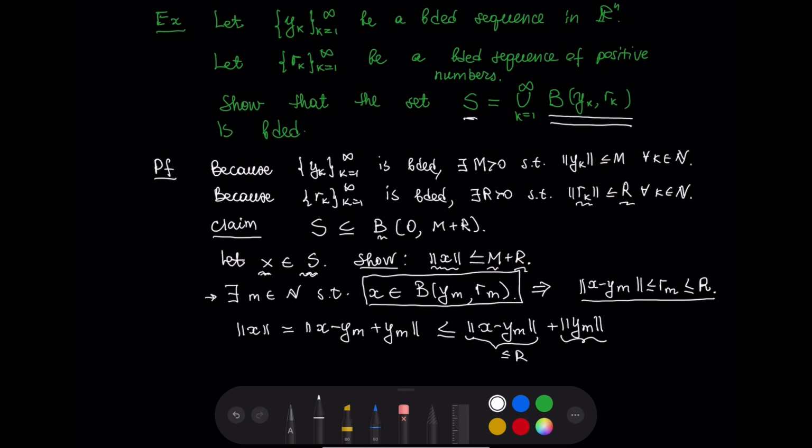As far as this portion is concerned, this is less than or equal to capital R. And then ym, we know that is less than or equal to capital M. So altogether, this is less than or equal to capital M plus capital R, just as we wanted to show. So this means that we proved the claim.